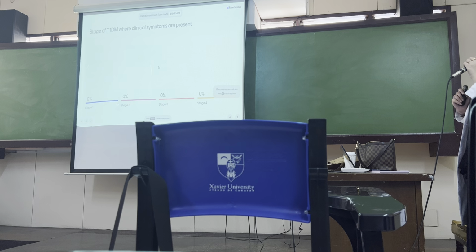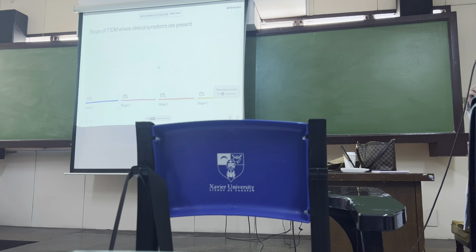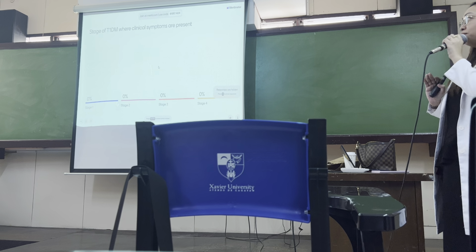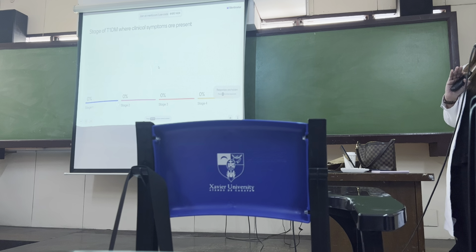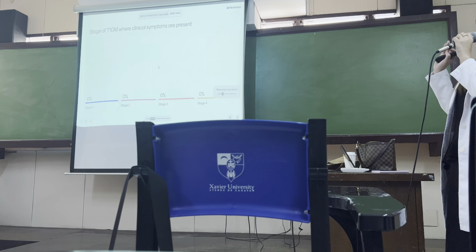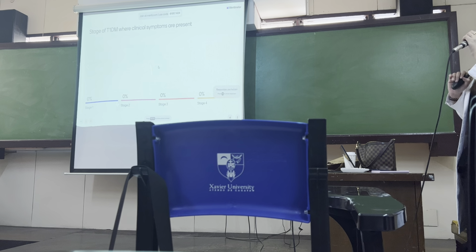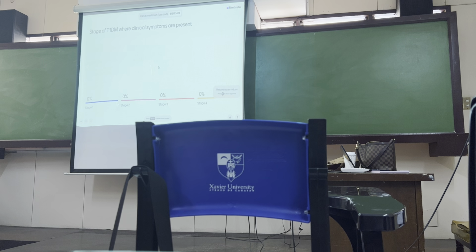Now, let's try to answer. Type 1 DM is classified into different stages. Do you know the stage of type 1 DM where clinical symptoms are present? Key in your answer: stage 1, 2, 3, or 4.